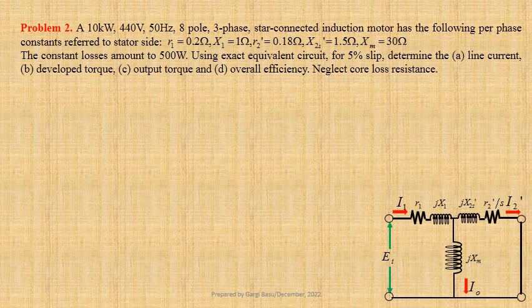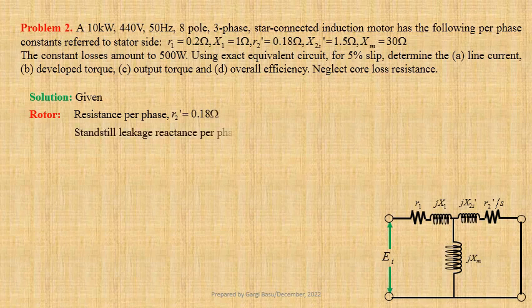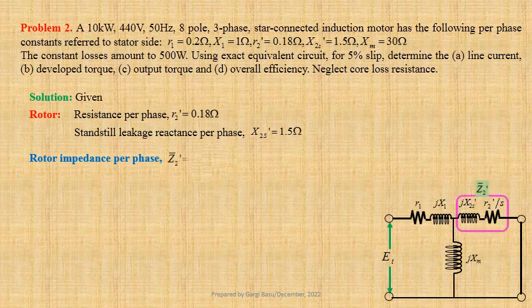Let us first write down the given data. For rotor winding, resistance per phase referred to the stator R2' equals 0.18 ohm and standstill leakage reactance per phase X2S' equals 1.5 ohm for any value of slip S. Expression for rotor impedance per phase referred to the stator: Z2' equals R2'/S plus jX2S'.